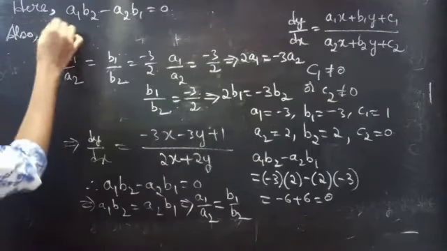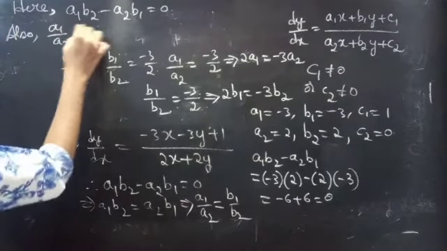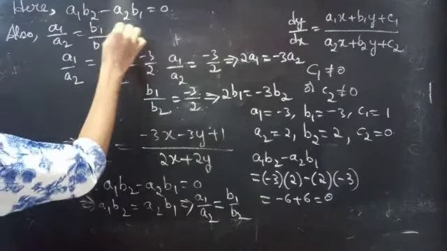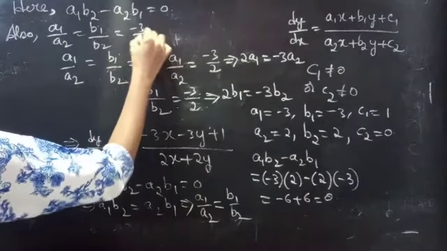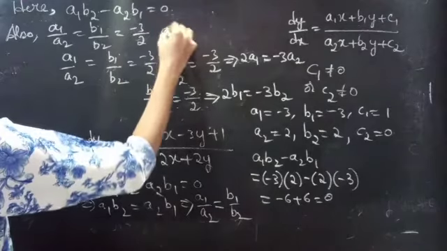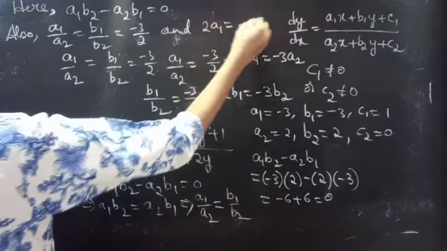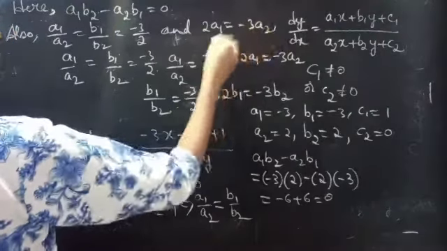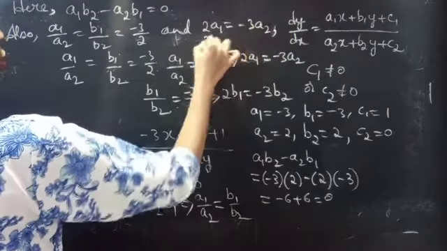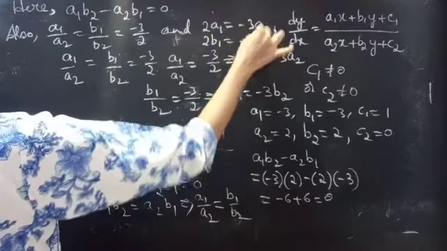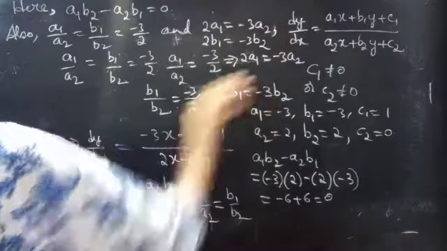Also a1 by a2 equals b1 by b2 equals minus 3 by 2, and 2a1 equals minus 3a2, 2b1 equals minus 3b2, right?